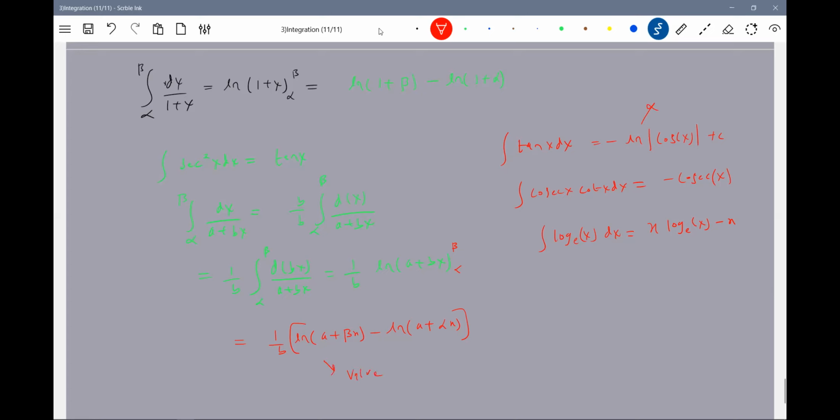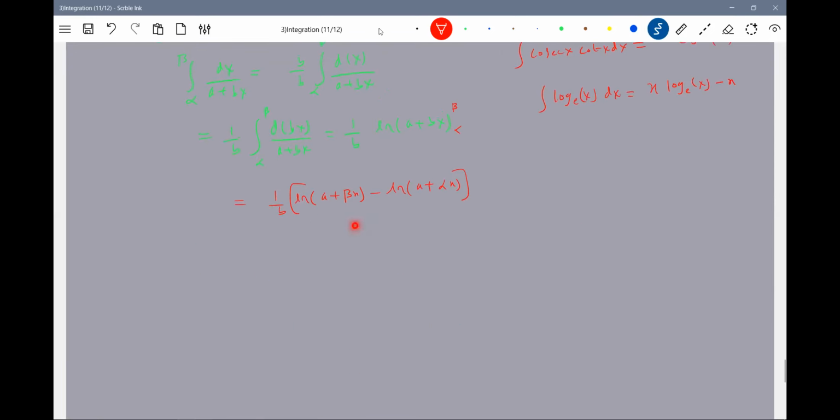Here we are ending up with an expression. Therefore, indefinite integral leads to an expression. Definite integral leads to a value.